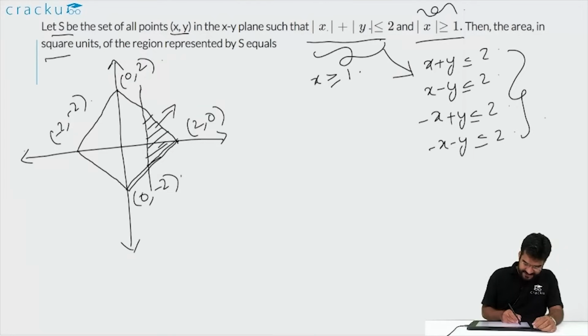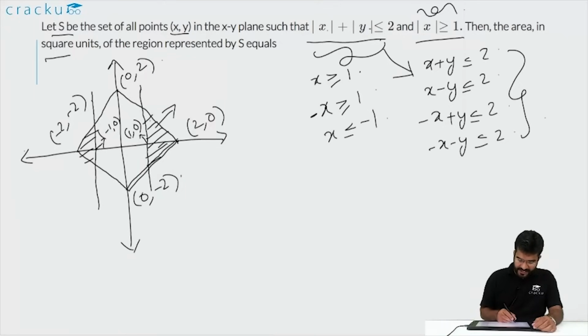Similarly, whenever x is less than 0, you will get another line represented by minus x is greater than or equal to 1, because modulus of x when x is less than 0 is minus x. So this will be x is less than or equal to minus 1, which will be all the points to the left of minus 1, 0, and this point will be 1, 0.